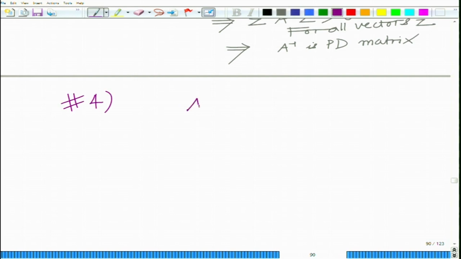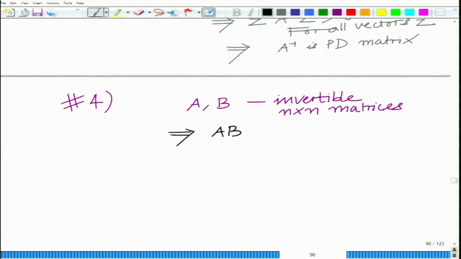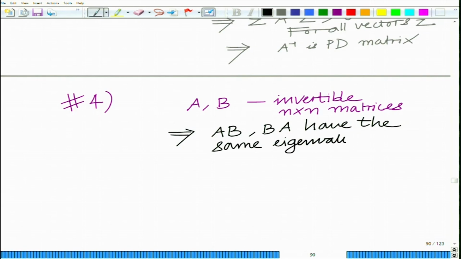What we want to show is that if A, B are two invertible n cross n matrices, then AB and BA have the same eigenvalues.